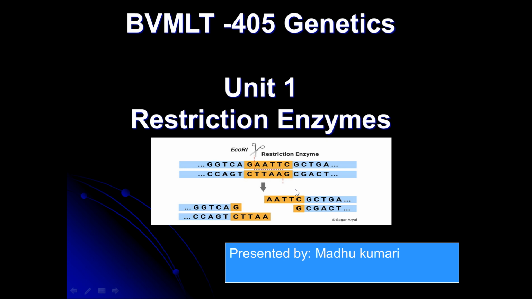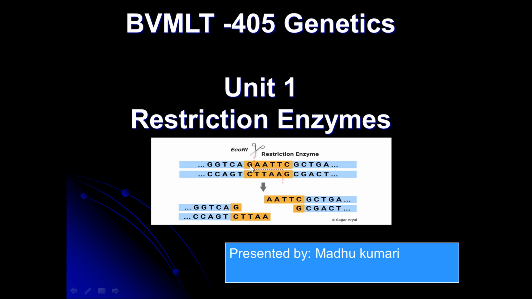Like that only. Restriction enzymes are the enzymes which cut the nucleotide base pairs, but at a specific point. Remember this. Restriction enzymes cut the DNA at specific base pairs of the nucleotides. For example, EcoRI. See here, this is EcoRI, right? EcoRI cuts at the base pair GAATTC.